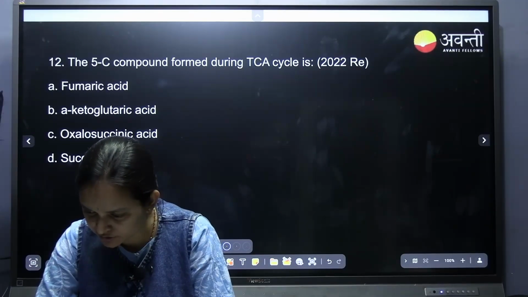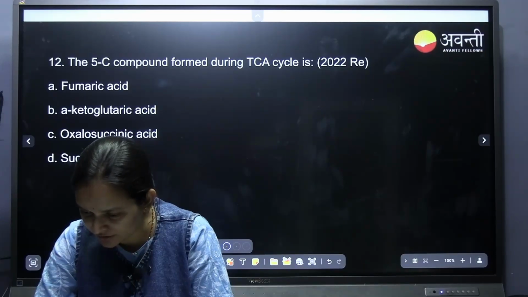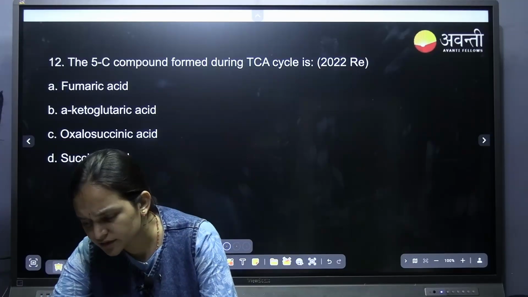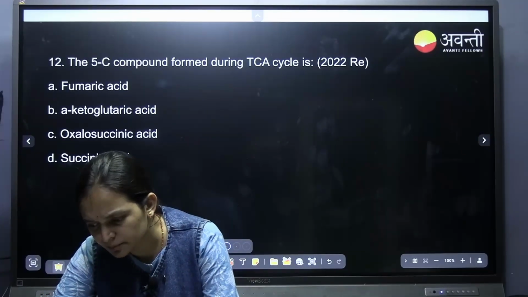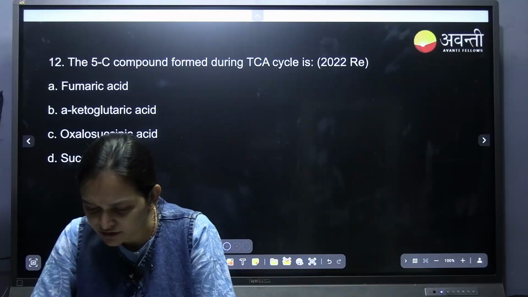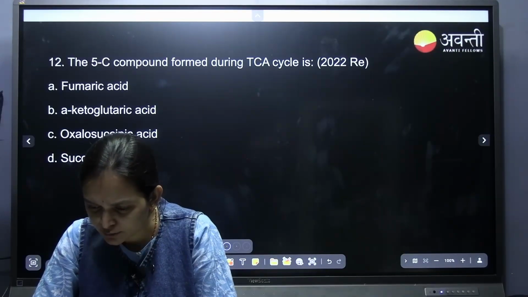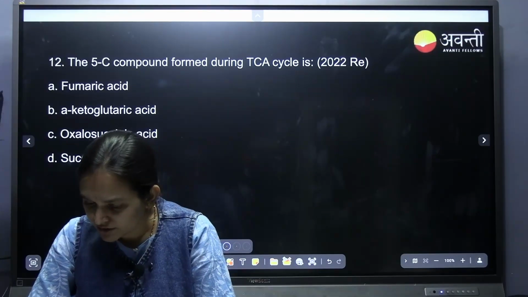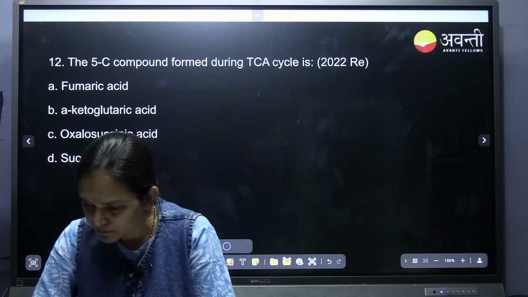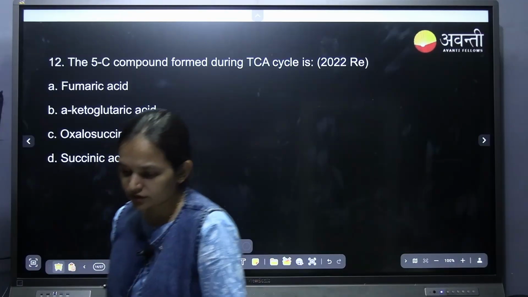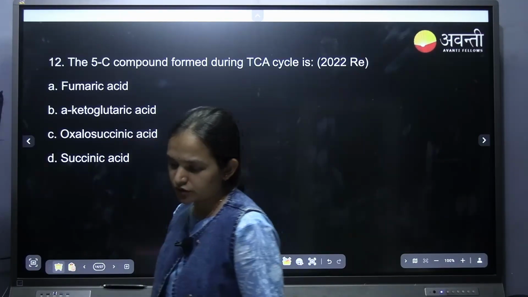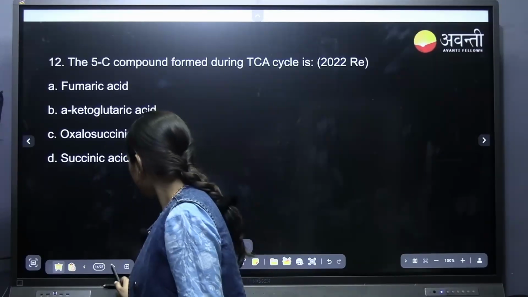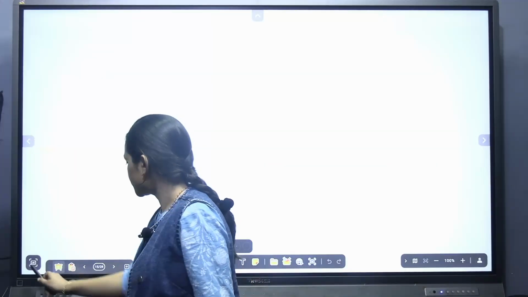B is the correct, alpha ketoglutarate is the correct answer. Is there any lag? Because I feel there is a lag. Subhash, is there any lag? Just check once. Is there any lag? No. It's clear only. Yes, sure. So shall we discuss the TCA cycle once? Okay, we'll discuss the TCA cycle once.